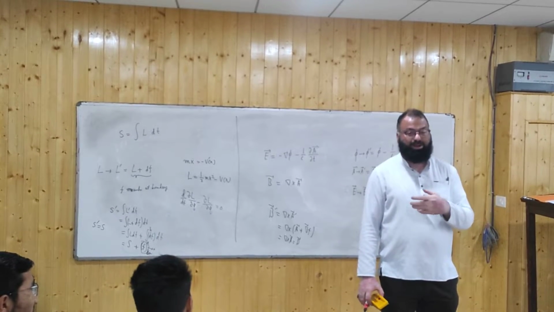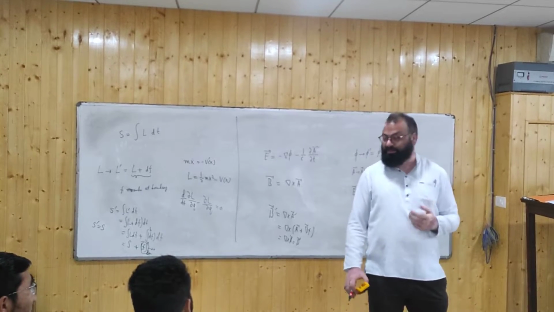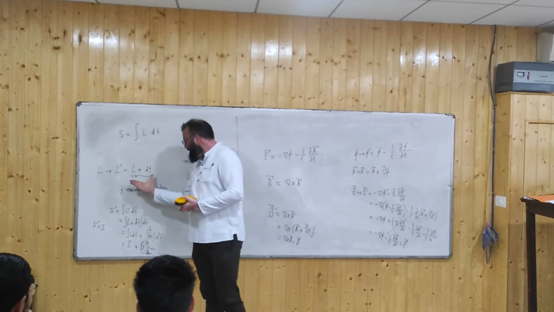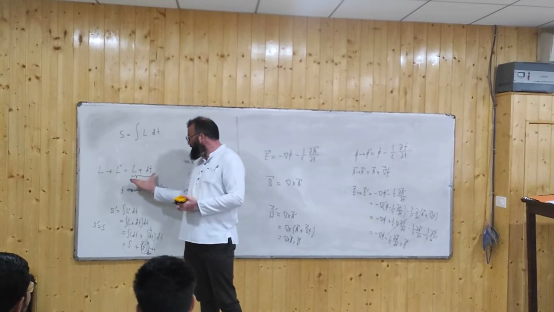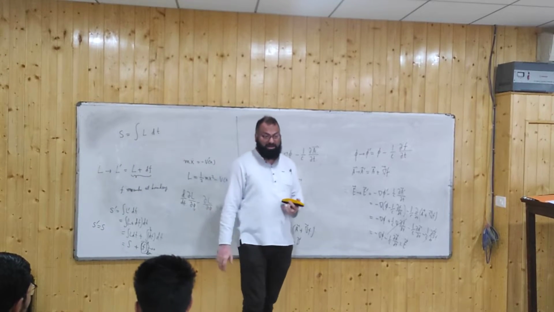The laws of physics should be the same in any frame of reference. Clear? That is why we sometimes call this gauge transformation a coordinate transformation. So this action must be invariant under such coordinate transformations.